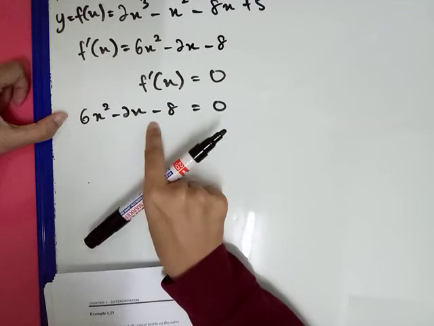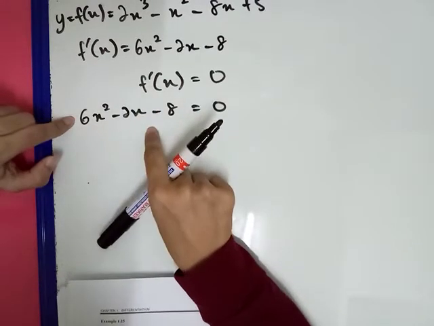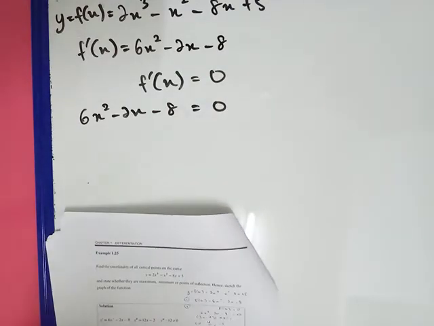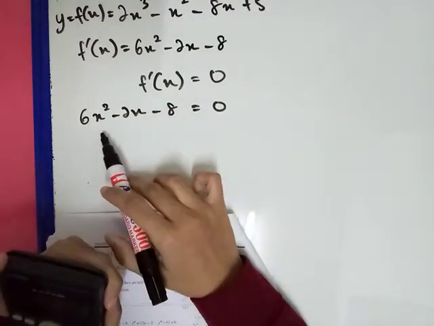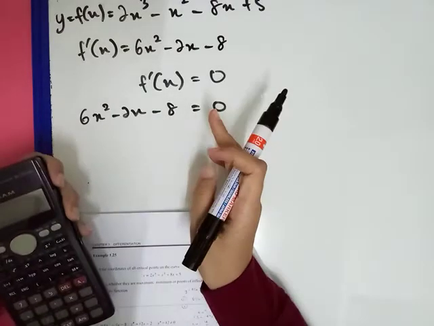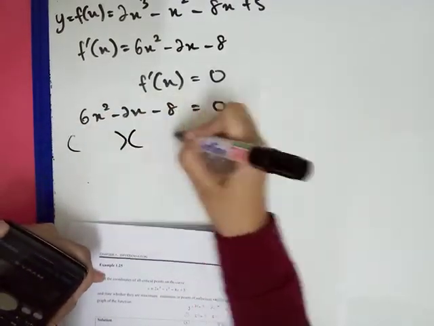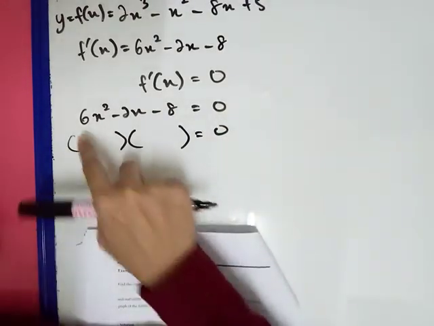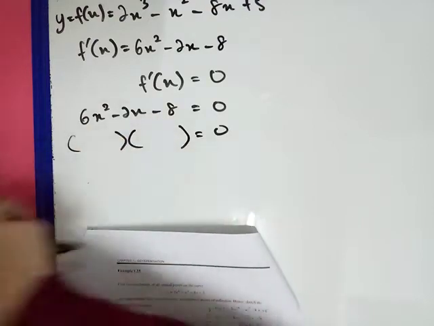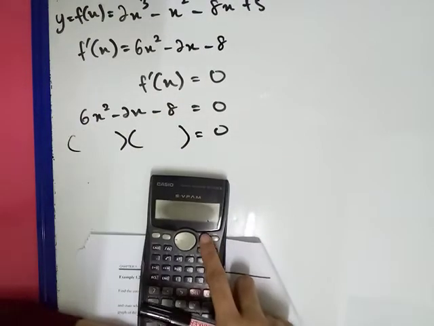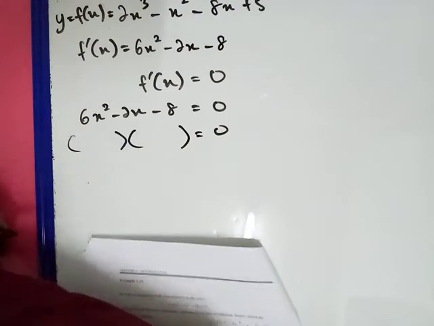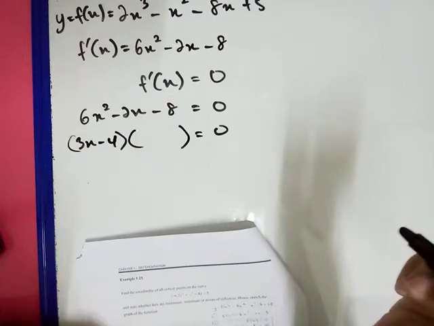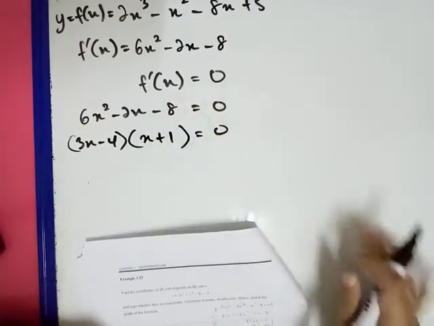This is a quadratic equation here, so use your calculator to find the value of x. Press the mode on the calculator, and you will get 3x minus 4 and x plus 1.